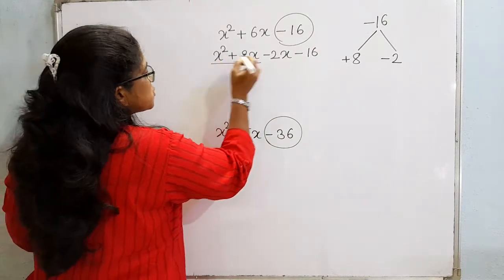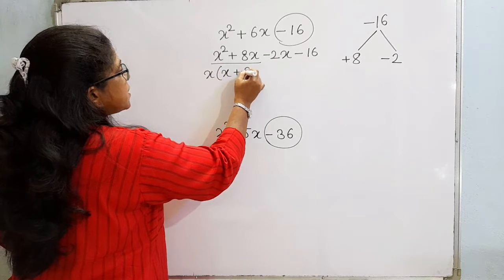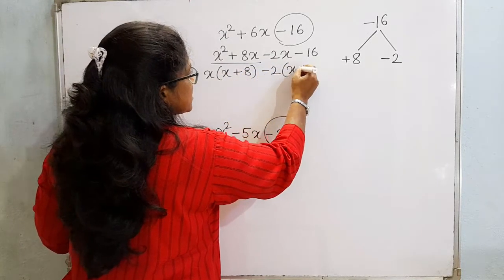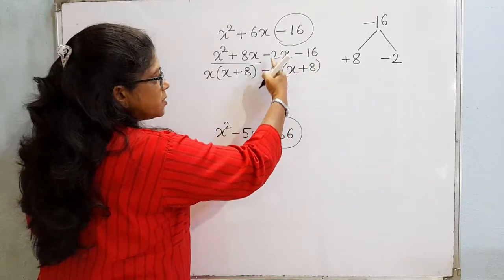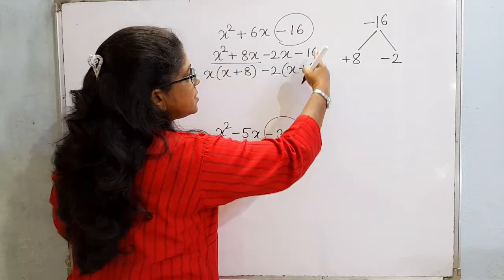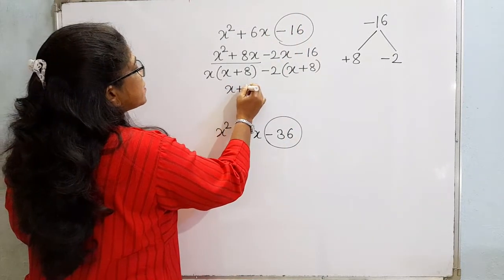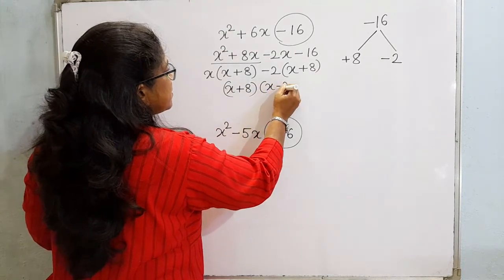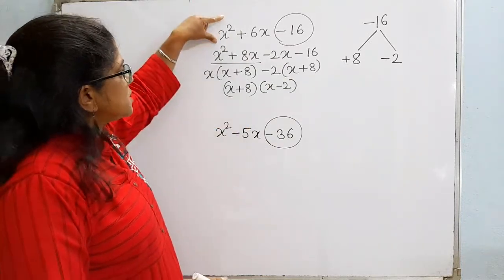Now from these first two terms, x is common. X plus 8. From this, minus 2 out. X plus 8. Minus sign is out. Minus 2 into x is minus 2x. Minus 2 into plus 8 is minus 16. Common bracket x plus 8. And here x minus 2. So this is the answer for this sum.